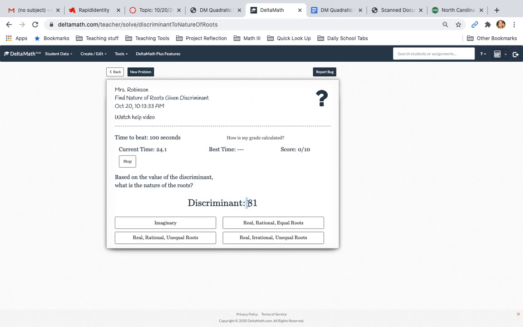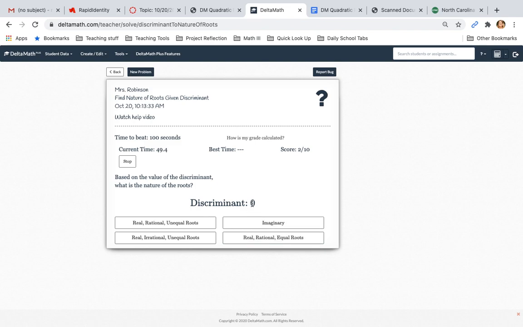Notice 81 is a perfect square. So if I have a perfect square, it's going to be 2 real, rational, unequal roots. Okay? 14 is not a perfect square, but it's positive, so that would be 2 real, irrational, unequal.